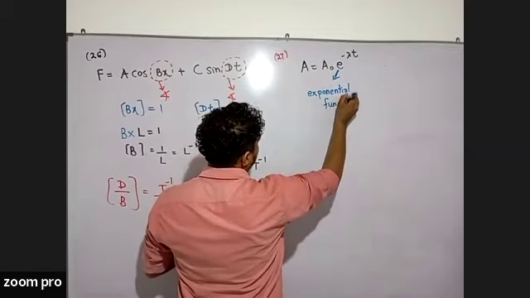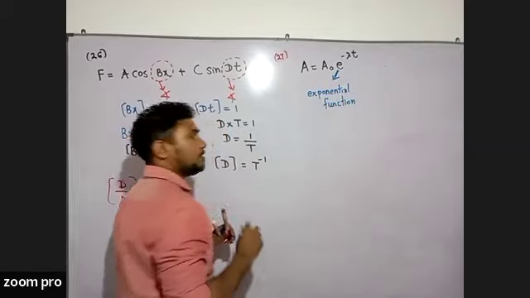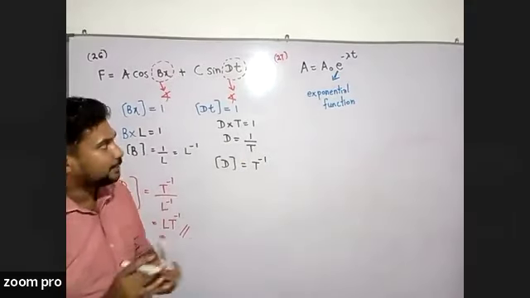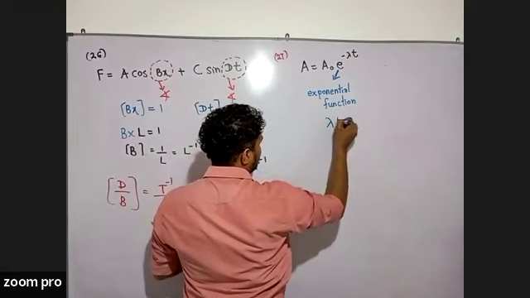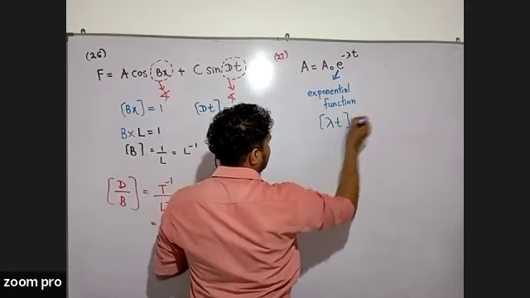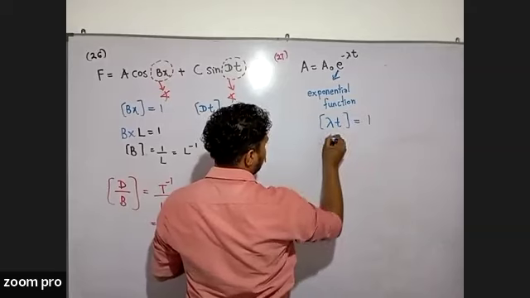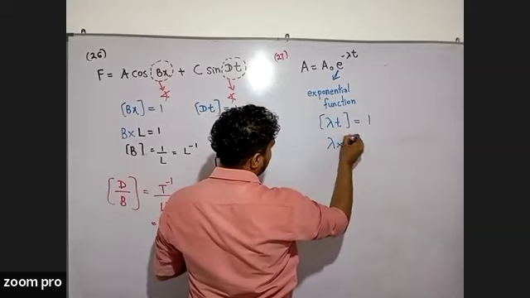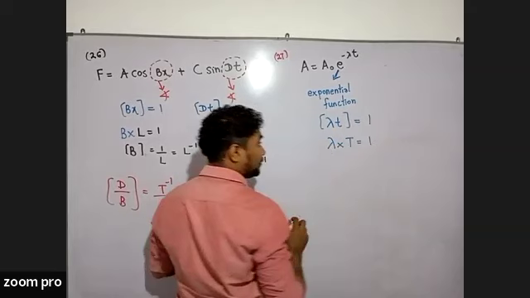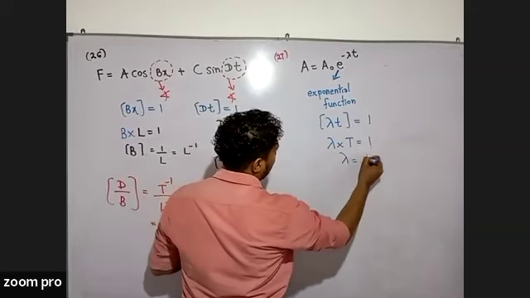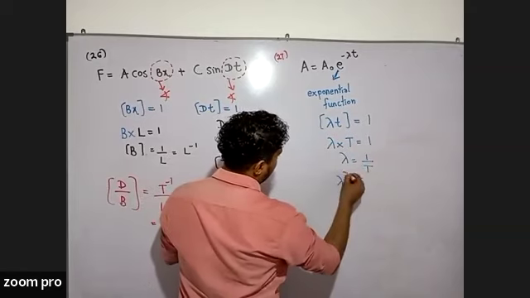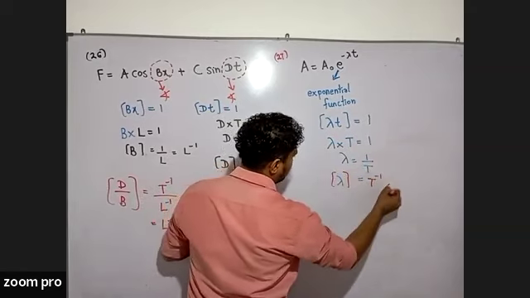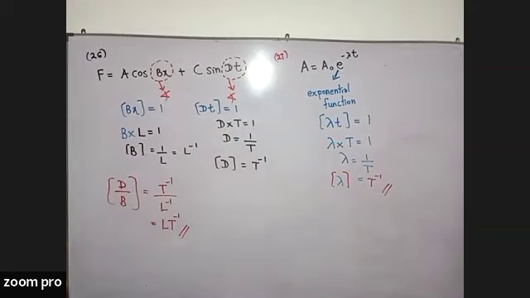Exponential function is a dimensionless quantity. That means dimensions of lambda t is dimensionless, so it should be equal to 1. T represents the time, so it should be capital T. If I substitute the dimensions, then lambda equals 1 over T. So the dimensions of lambda should be equal to T minus 1. So this is the answer. Right.